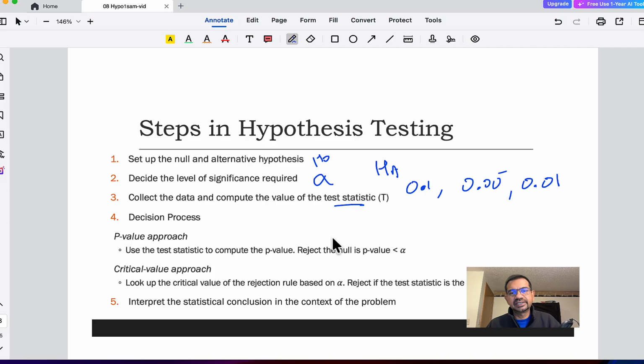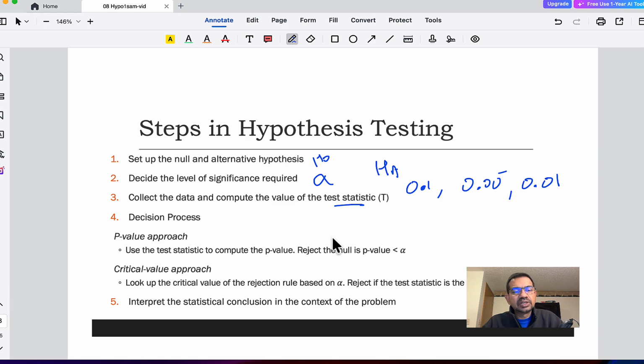So if we are doing a test around the population mean, then we would compare our test statistic with the probability distribution that the sample mean might have. And we have seen before that the sample mean could follow normal distribution, or it could follow a t-distribution. If we are doing a test around the population proportion, then we will look at the conditions within which we could have the sample proportion follow the z-distribution.